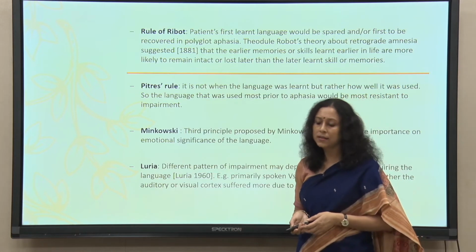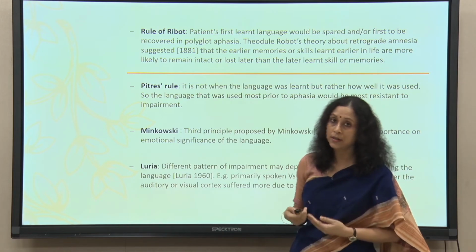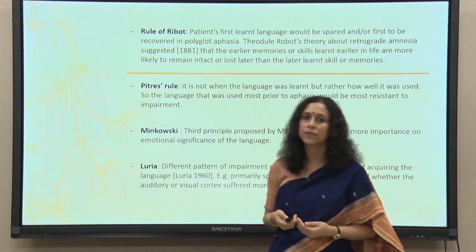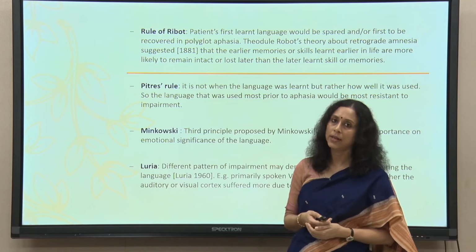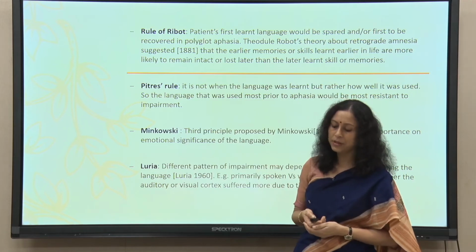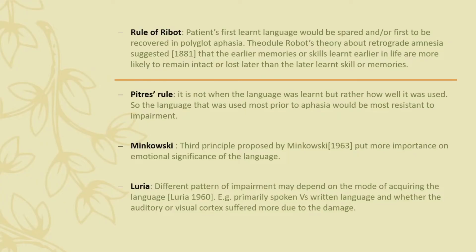So, when there are these differences, how do we explain the differences in terms of the languages being affected or the difference in the way they are recovered? There have been a few theories. The first, one of the most cited, is called the rule of Ribot. This is actually dependent on the theory of retrograde amnesia, which was suggested in 1881.